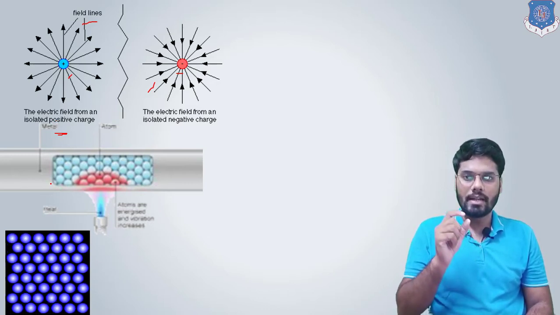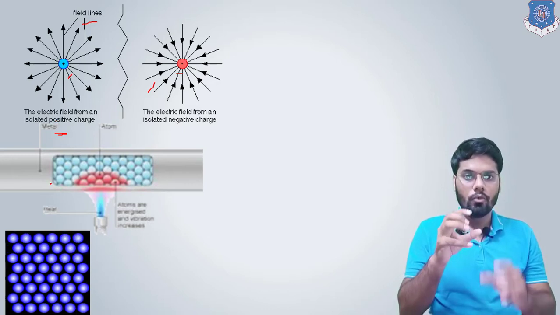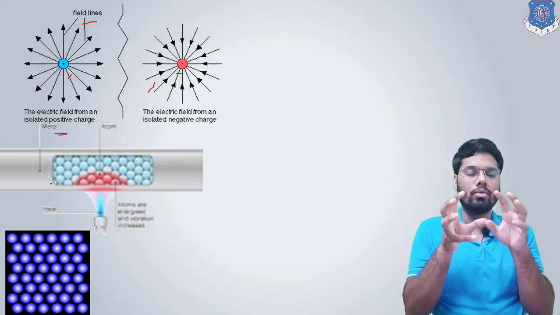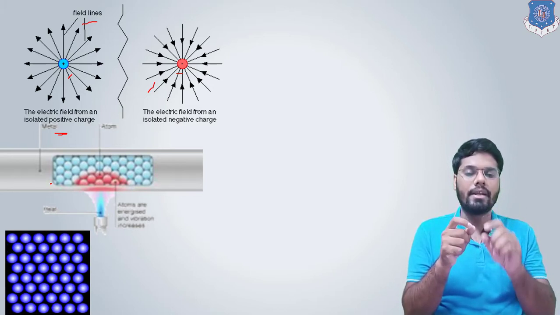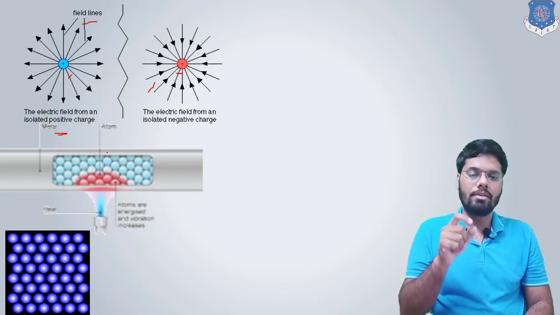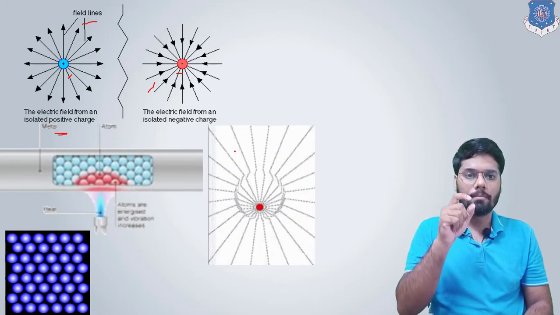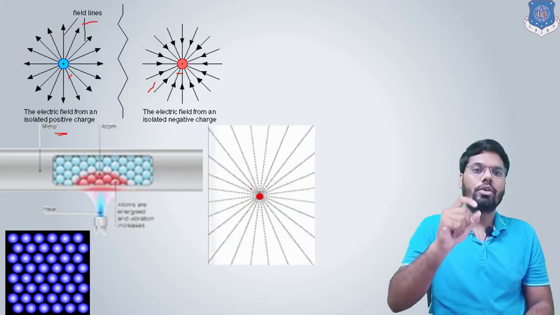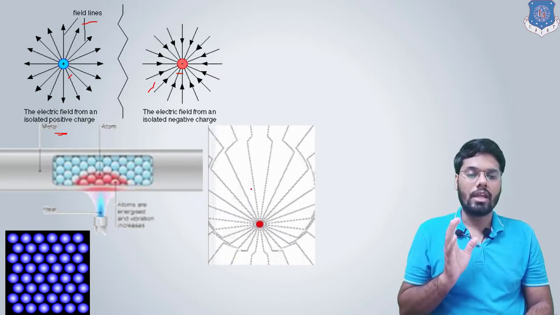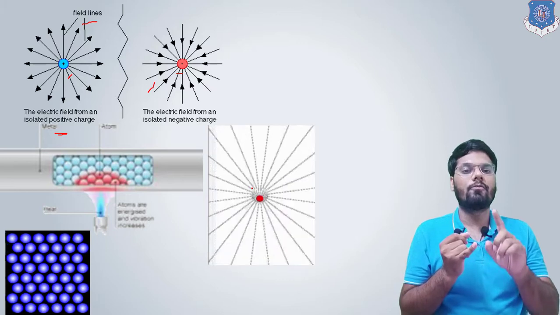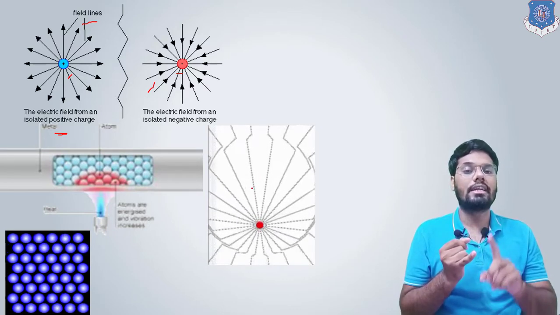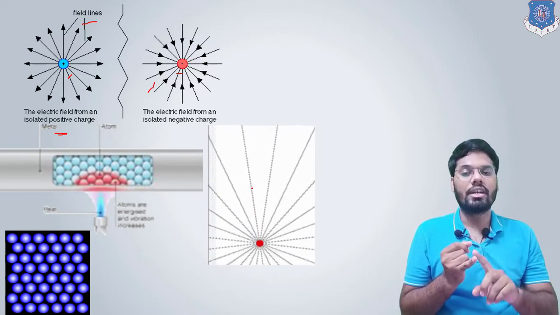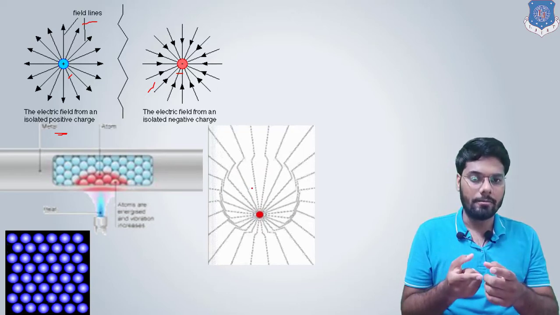Whenever this atom, which has an electric field around it, starts to vibrate, because of the change in location of that particle, the electric field around that atom changes continuously. Due to the change in electric field, due to the change in electric flux, it generates a change in magnetic field.